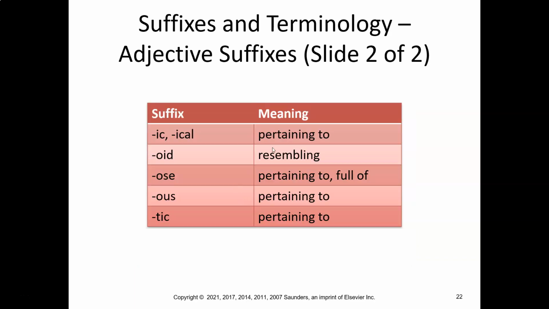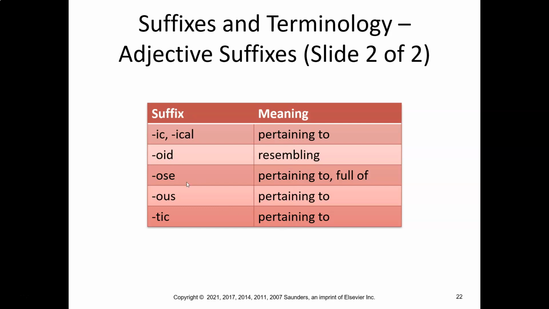And ic, pertaining to, is also. Oid is resembling. Okay, so adenoid, resembling glands. Ous, pertaining to, full of. Adipose, pertaining to fat. Mucous, pertaining to mucus. Tic, pertaining to. Necrotic, pertaining to death.